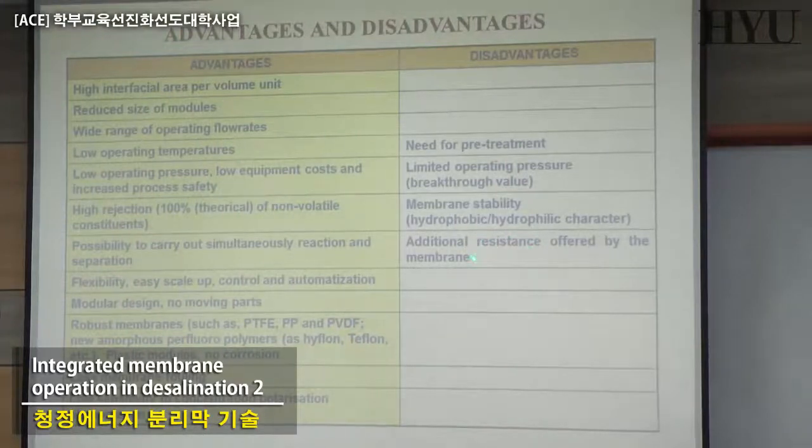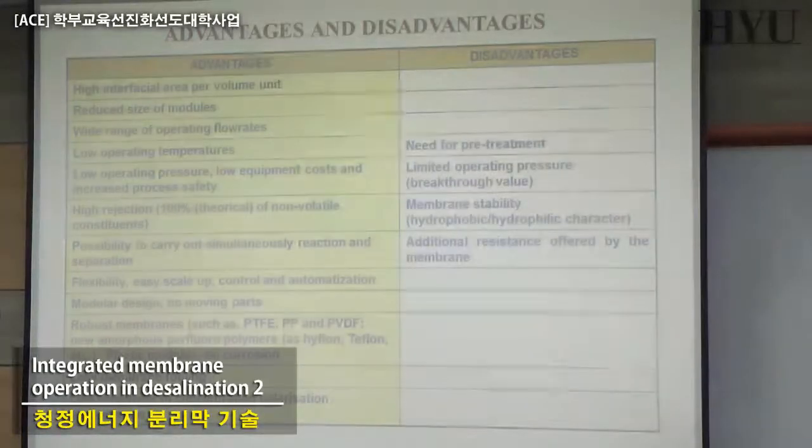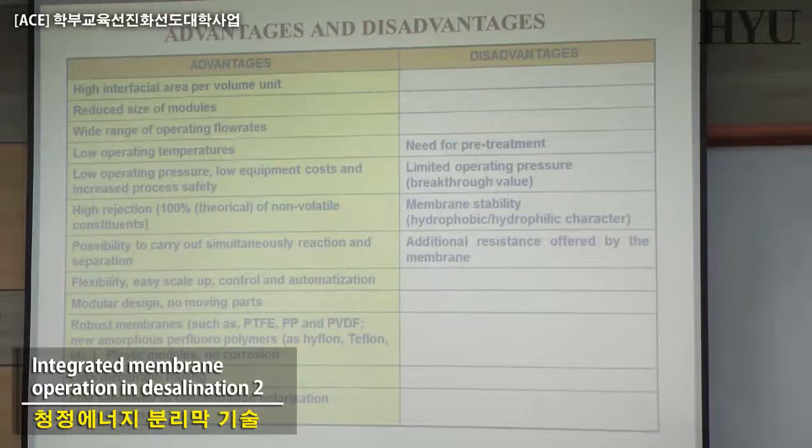For sure there is some resistance to mass transfer, and stability, the hydrophobic and hydrophilic character that I was mentioning, and another important aspect. With the membranes we use today, there is one more parameter that you always have to check. That's what's called LEP, liquid entry pressure. We don't want to have any liquid penetrate the membranes. In principle, the membrane is hydrophobic and is rejecting the liquid phase.